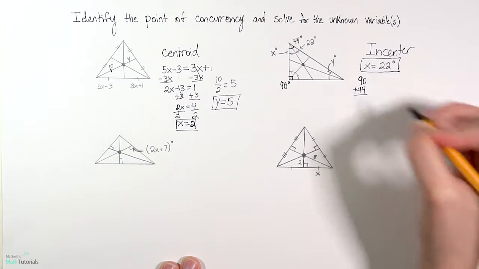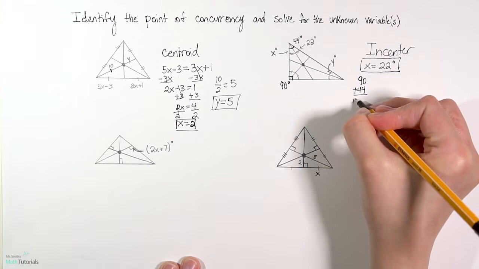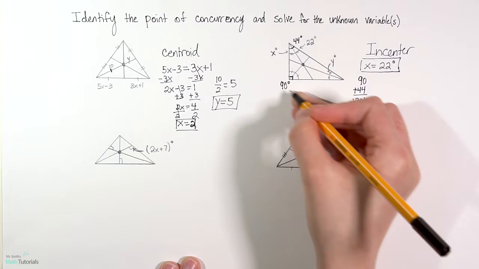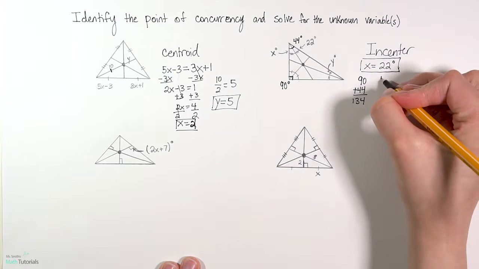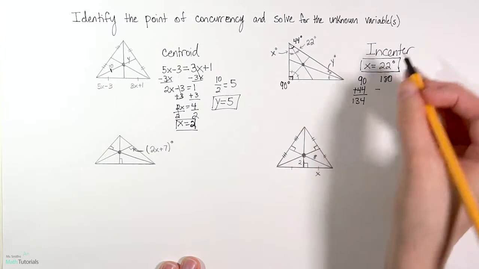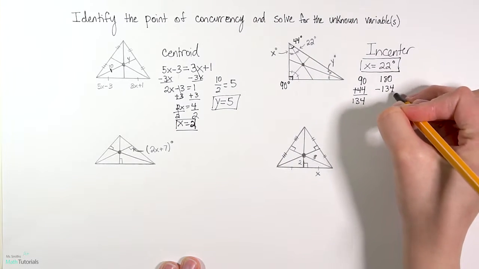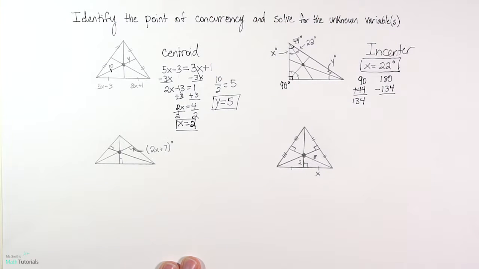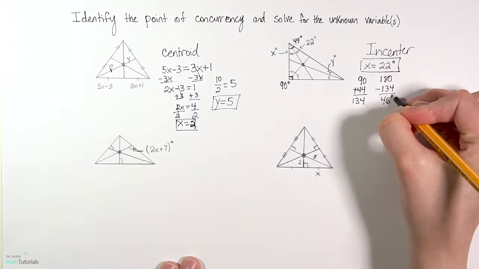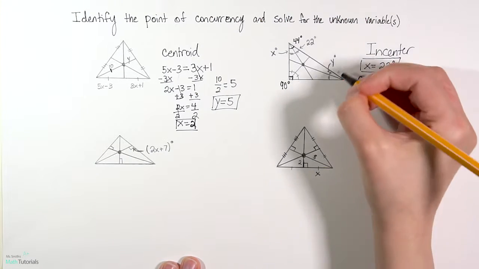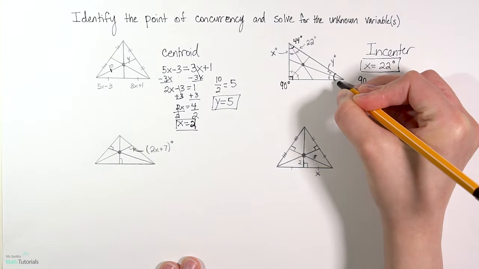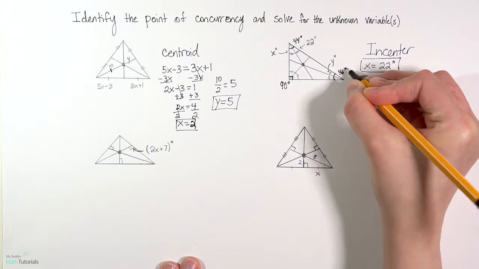And that ends up being 134 degrees, right? And then we know the total is 180. So let's subtract the ones we know, the total of 134. So 180 minus 134 is 46 degrees.